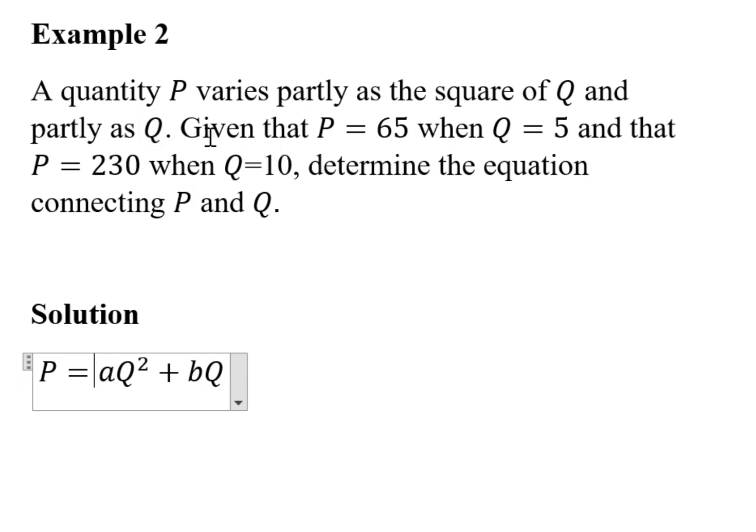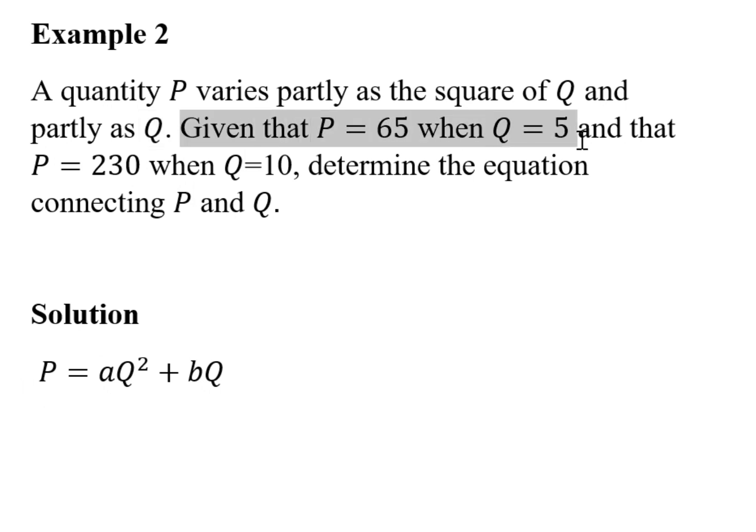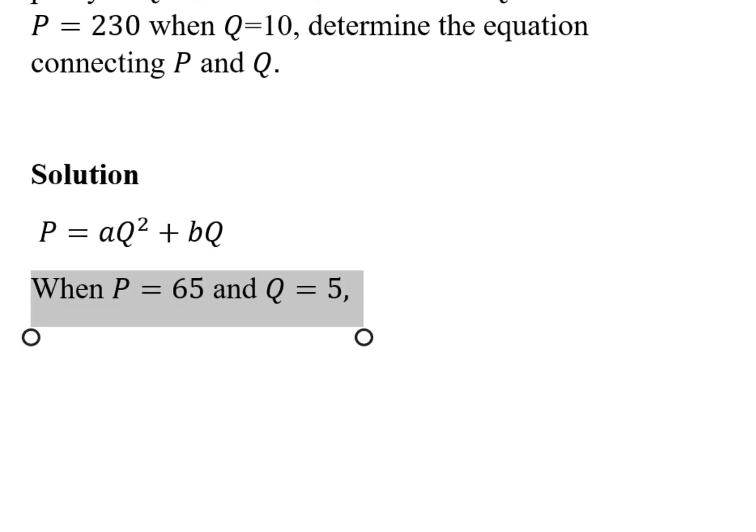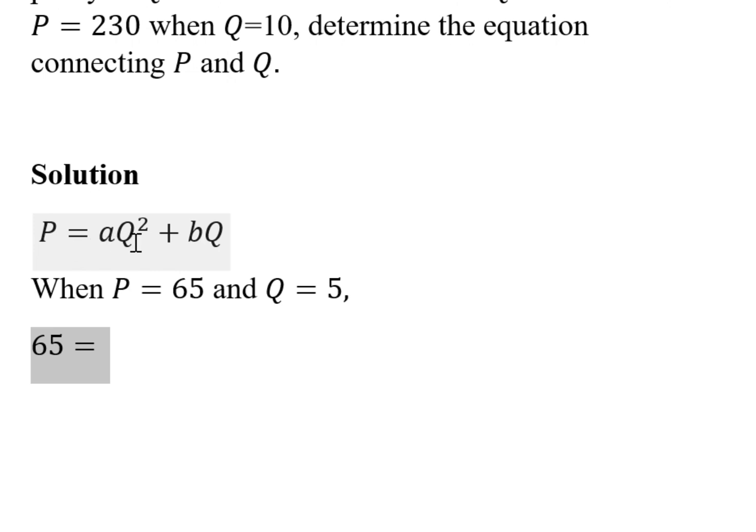we take this first part of the statement and say when p is 65 and q is equal to 5, instead of p we shall have 65 being equal to a times q squared.